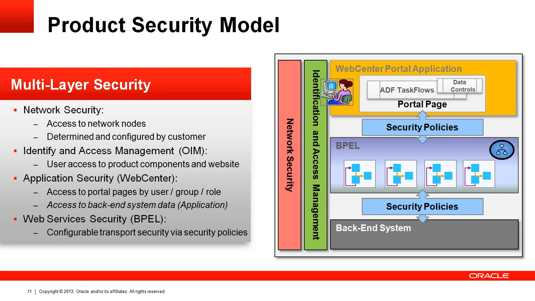The second layer is the identity and access management layer, where if we use OIM, will determine who will get access to the actual website. Now, some of the website may be open to the public, and that's fine, but some parts of the website are obviously secured.